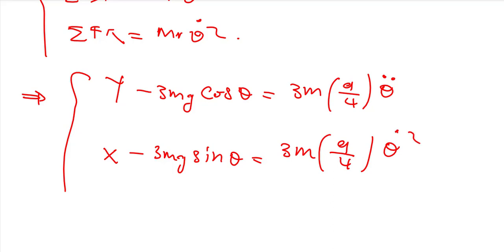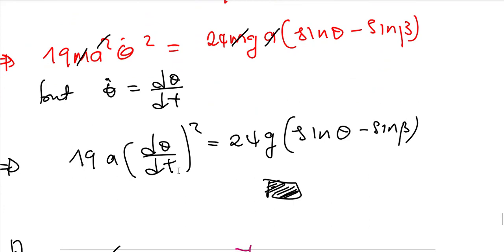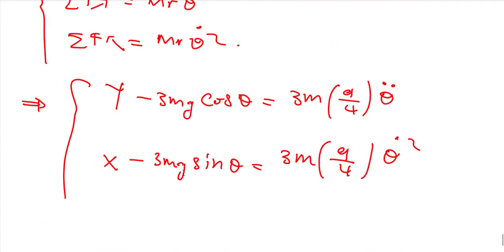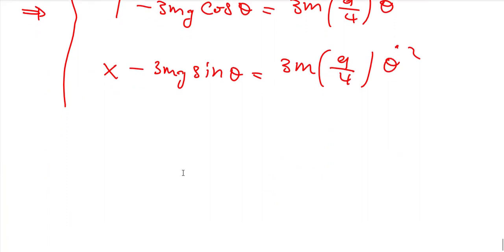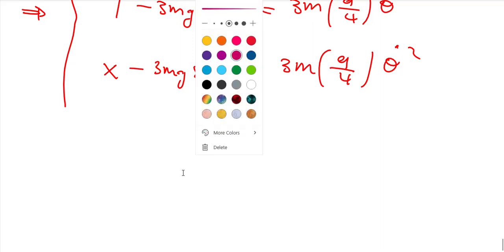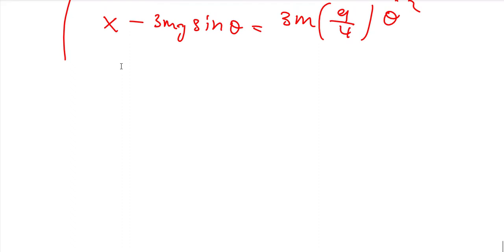But remember, from our proof, we can have theta dot squared. Now we don't have theta double dot, so we are going to use our proof to deduce theta double dot. From our proof, what do we have?